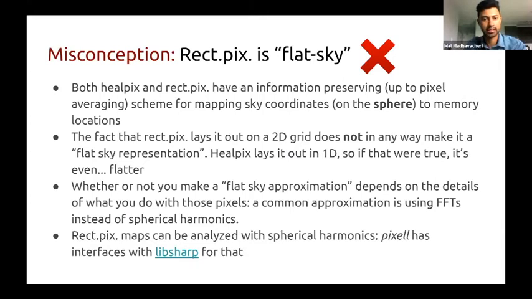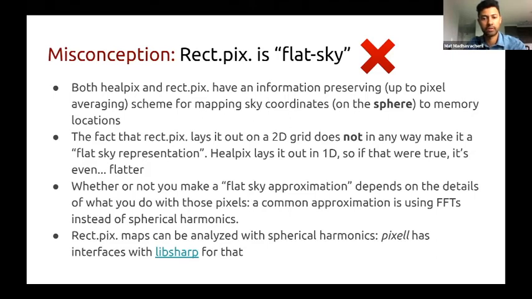The fact that rectangular pixelization lays it out on a 2D grid does not make it a flat sky representation. What makes your analysis a flat sky representation, or makes you have a flat sky approximation, is how you, for example, calculate a harmonic transform with it. If you use an FFT or fast Fourier transform to calculate a harmonic transform of your map, then you're making a flat sky approximation.